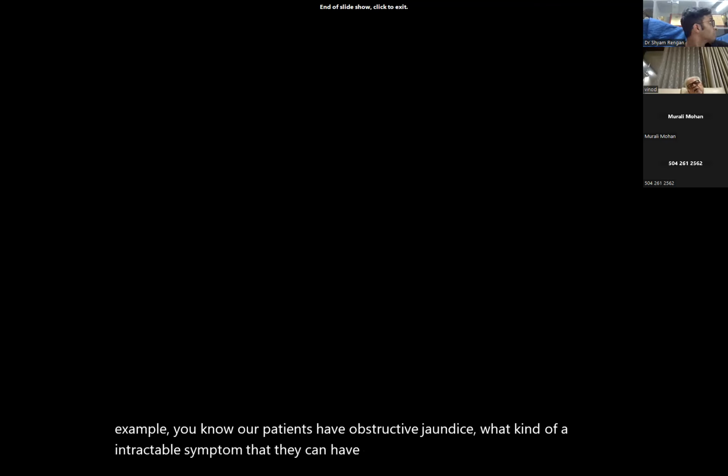Now, for example, in our patients of obstructive jaundice, what kind of intractable symptom can they have which would adversely affect their quality of life? That is itching. The patient is not able to sleep because he's having itching all the time. Now, we know that if we can do some kind of a biliary drainage, this patient can improve overnight.